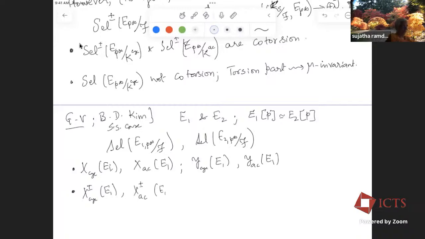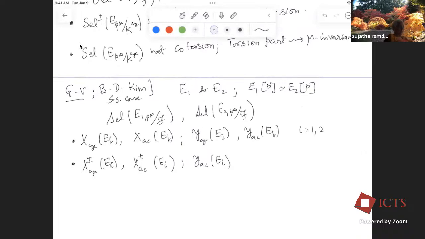Let me write Ei because we have this for both E1 and E2. X anticyclotomic here and then Y anticyclotomic. Yes, the fine Selmer groups are still the same over the anticyclotomic. There you can define a signed Selmer group, but let me not get into that. So then the question is, when you have this, how do their mu invariants and lambda invariants compare?